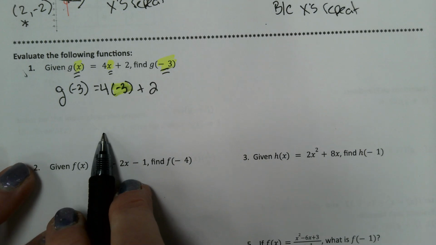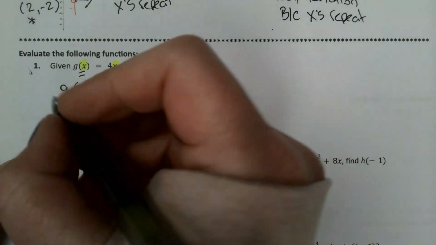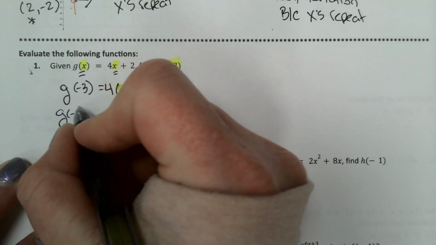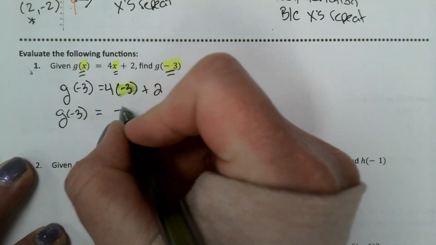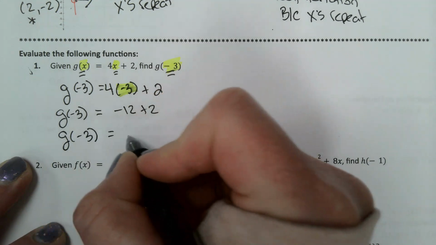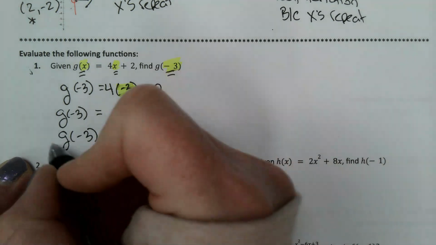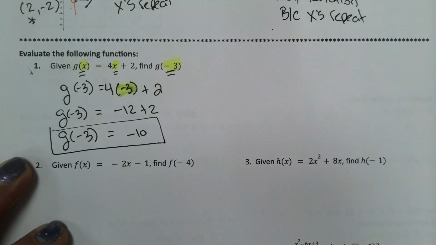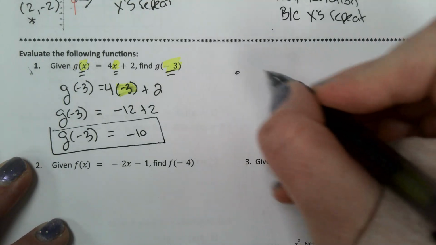And then from here, we're just going to do our order of operations. All right, so that is -12 plus 2, g of -3 equals -10. All right, so what'd you do?